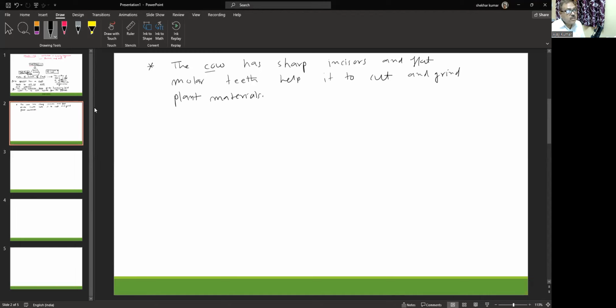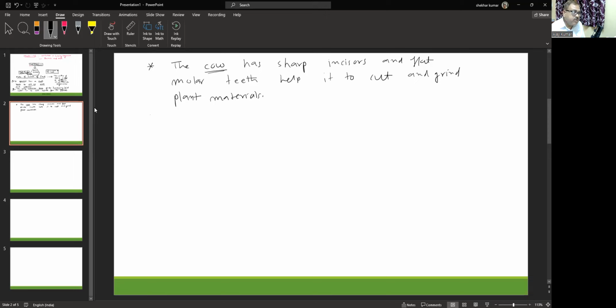So these are some examples of how they take foods with the help of molar teeth, cutting and grinding the plant materials. The cow takes food inside its body.